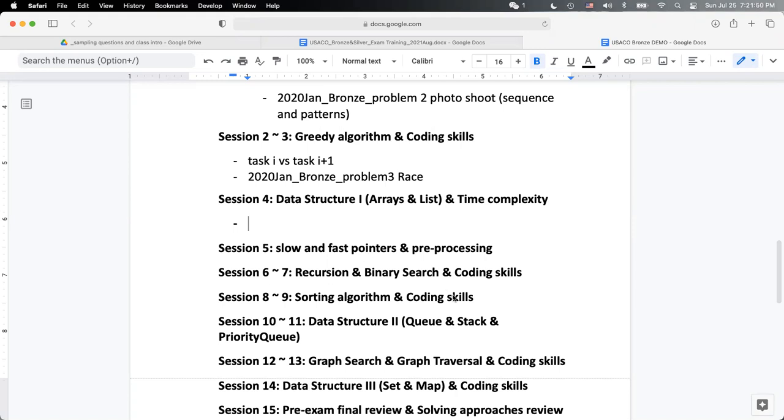In general, for data structure, I'm not a big fan of just going through APIs: how to get, how to change, how to delete, how to remove, stuff like that. That's not supposed to be in the logic of the session, but those will be covered because otherwise you don't know how to deliver. More of what I want to cover is understanding how it works behind the scenes.